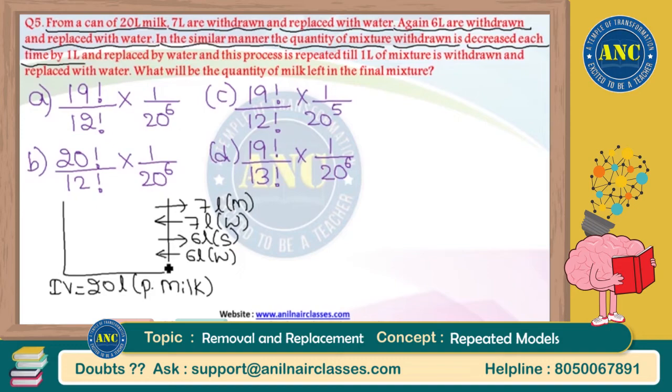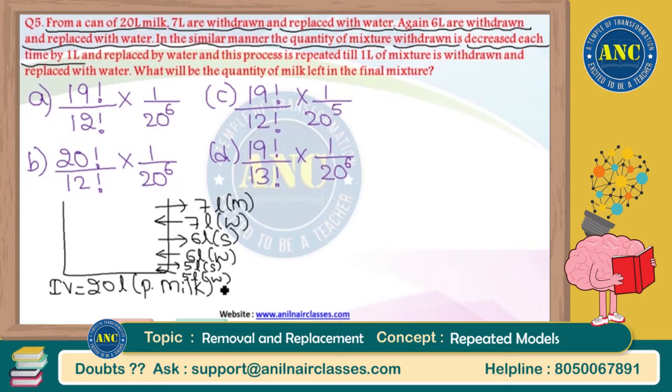That means next time how much is it? It is 5 liters of solution taken out, 5 liters of water added. The quantity of mixture withdrawn is decreased by 1 liter each time and replaced with water. After that, 4 liters of mixture is taken out, 4 liters of water is added.